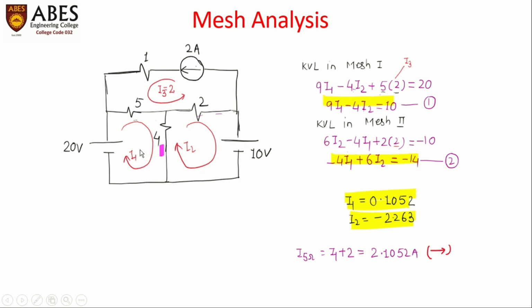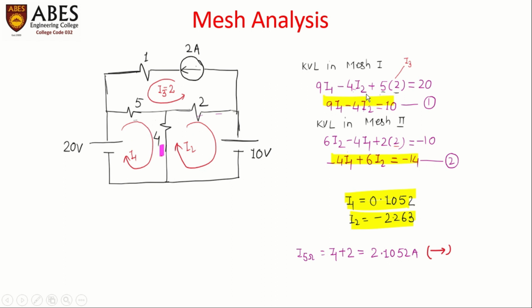After that, we will find the resistances of this mesh that are common to another mesh. We can say that the 4 ohm resistance is common between mesh 1 and mesh 2, and the 5 ohm resistance of mesh 1 is common between mesh 1 and mesh 3.